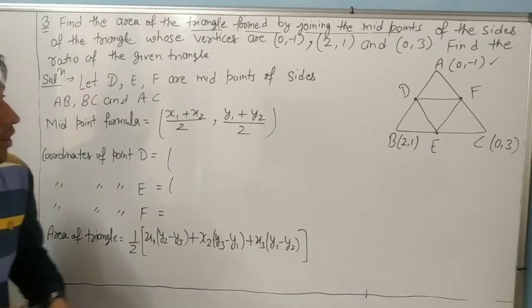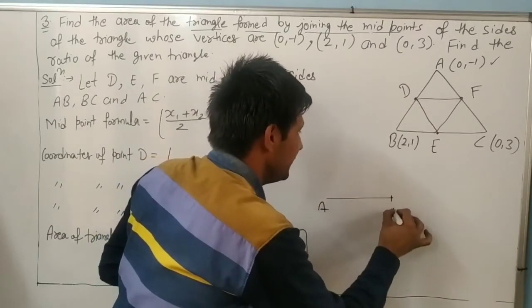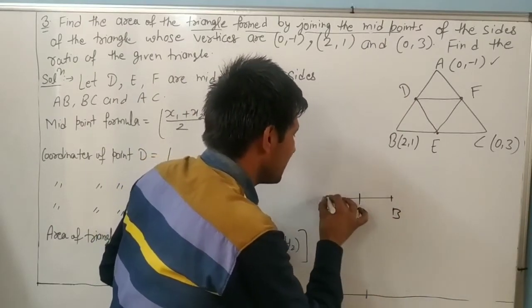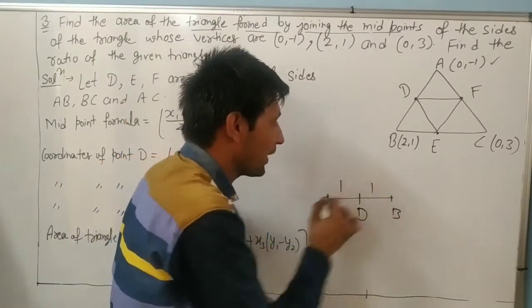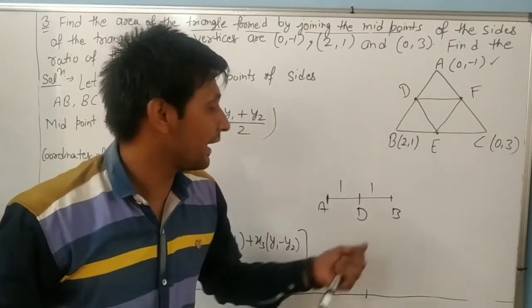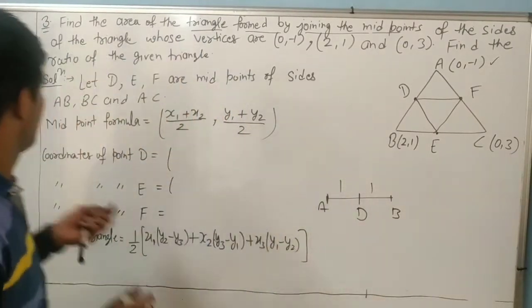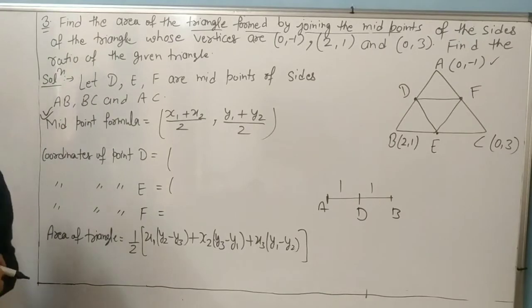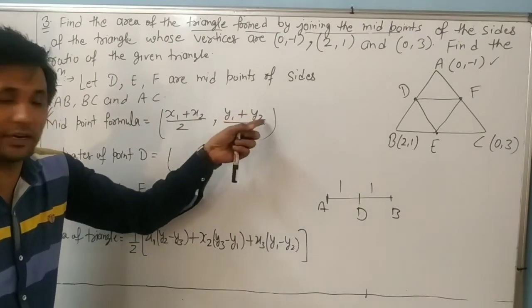Midpoint means the ratio 1:1, so you can use the section formula or the midpoint formula. The midpoint formula is very easy: sum of x coordinates divided by 2, sum of y coordinates divided by 2.